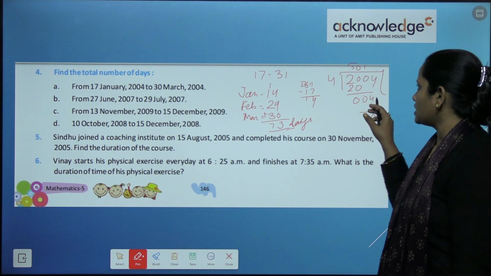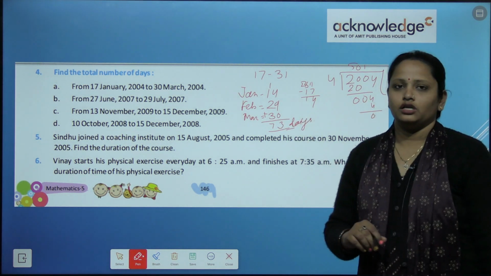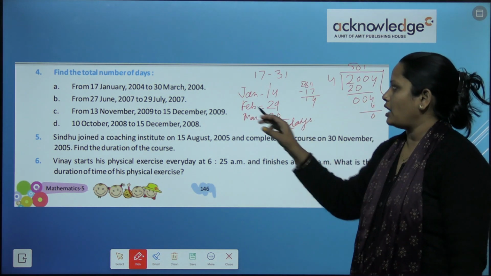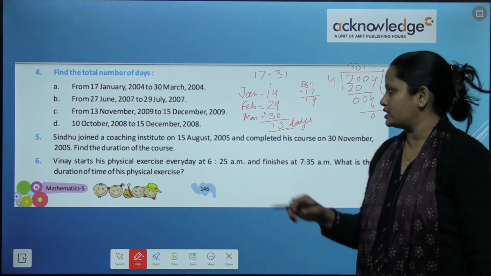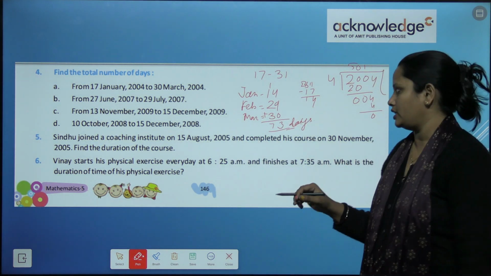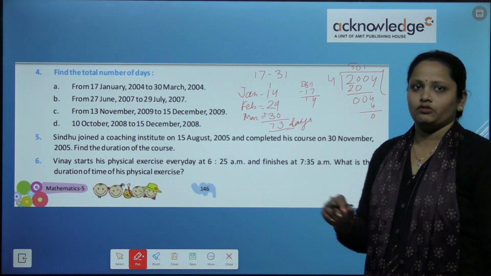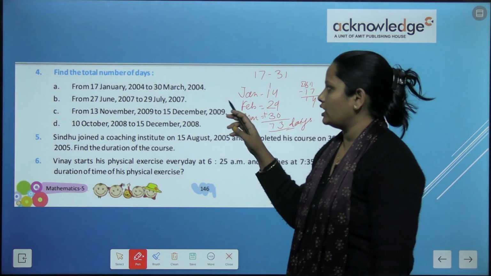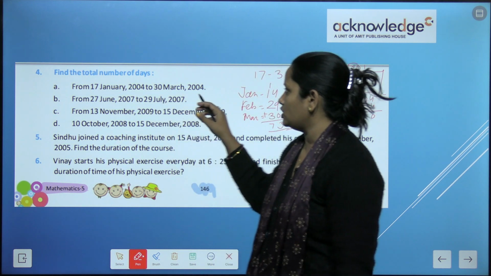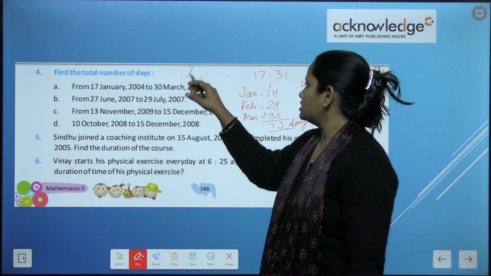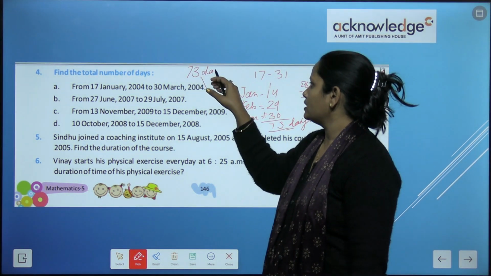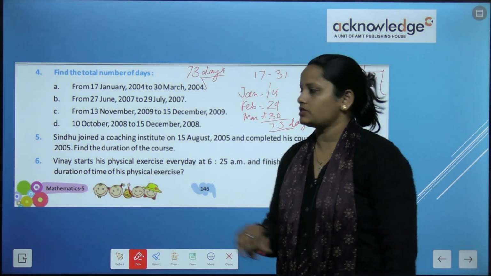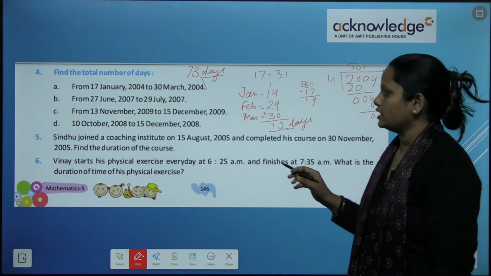Now February is a leap year, so here it has 29 days. Now for March we have to take the days till 30 March, meaning 1 to 30 will be 30 days. Now when we add these three we will get 73 days. So here the total number of days between 17 January to 30 March is 73 days. I hope this is clear.